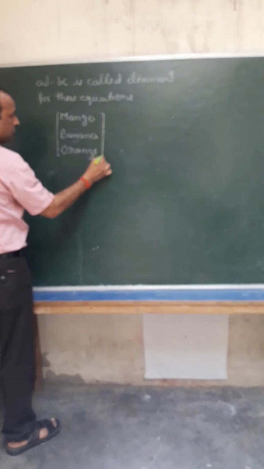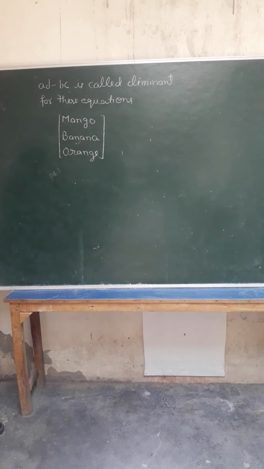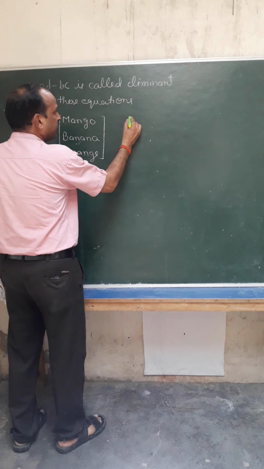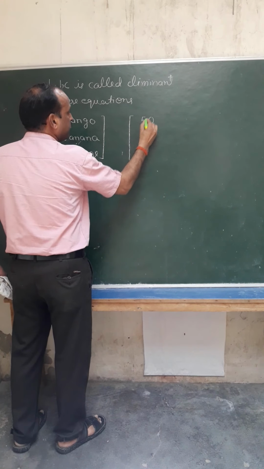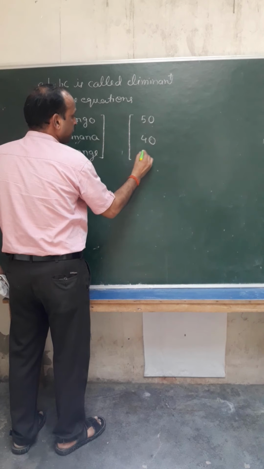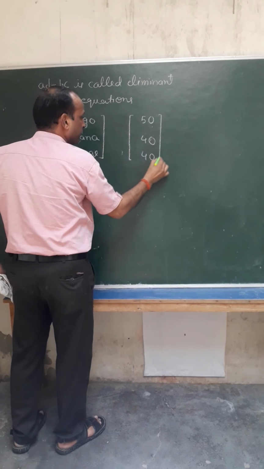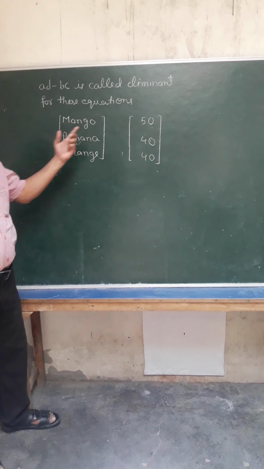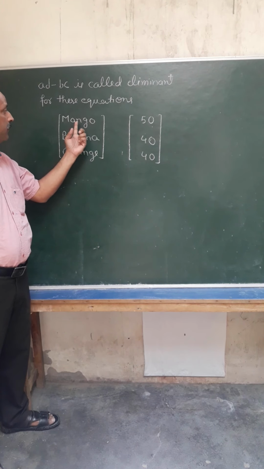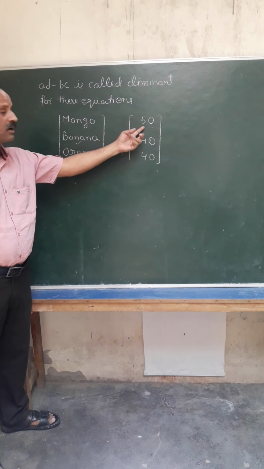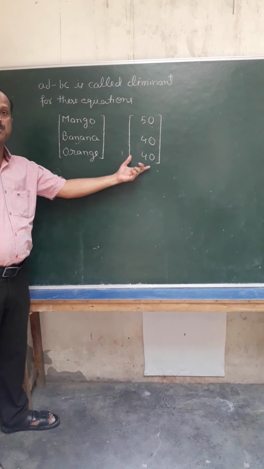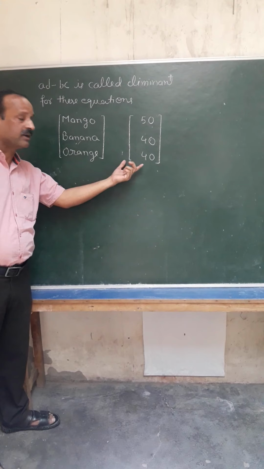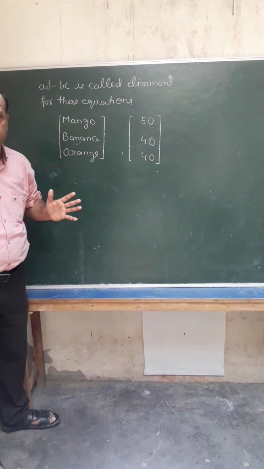Put these things in one bracket, and in another bracket write 50, 40, 40. So what are they? These are two matrices. Mango 50 rupees per kilogram, banana 40 rupees per kilogram and orange 40 rupees per kilogram. So a matrix is giving us information, it has no numerical value.